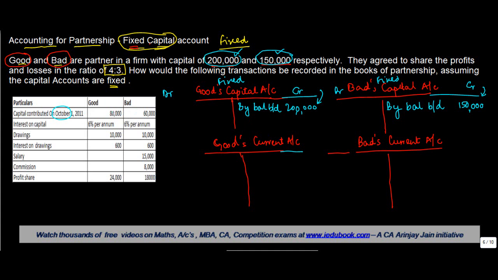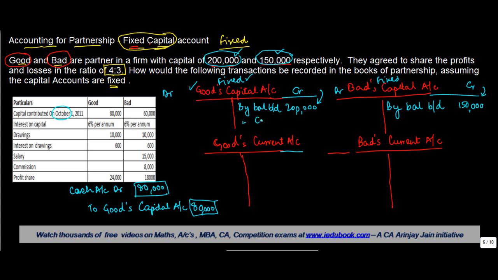The firm will receive cash or bank. Let's say it's cash. So the cash account will be debited by the amount of money received, and it will be credited to the partner's fixed capital account, as we had discussed previously.